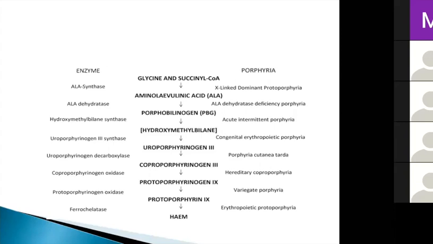There are 8 steps that occur in the heme biosynthetic pathway. 4 of these steps take place in the mitochondria, and 4 occur in the cytoplasm.